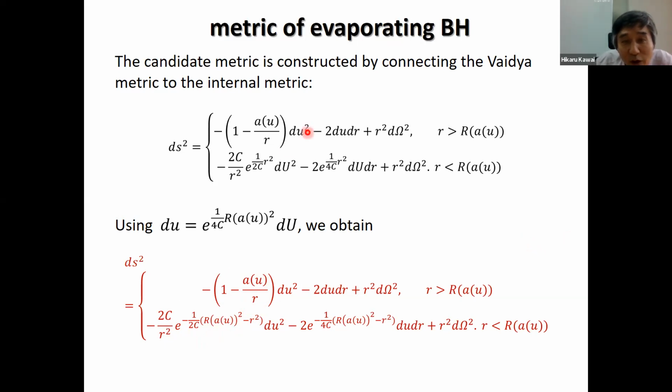So in this way, we can construct a candidate metric, including outside and inside.